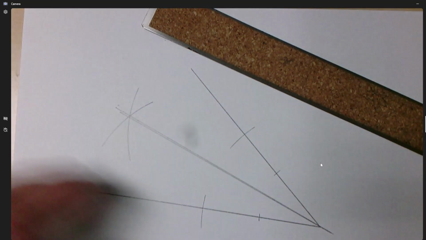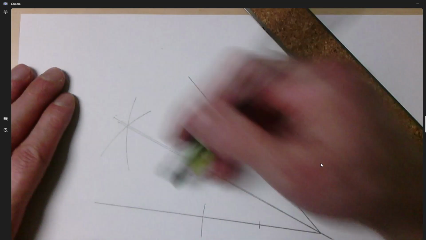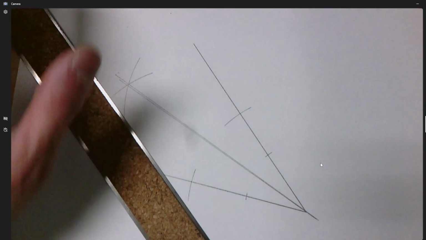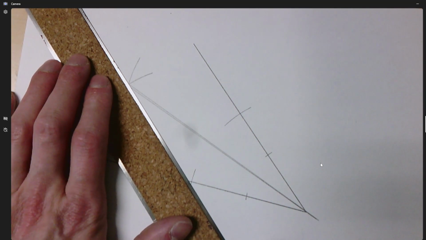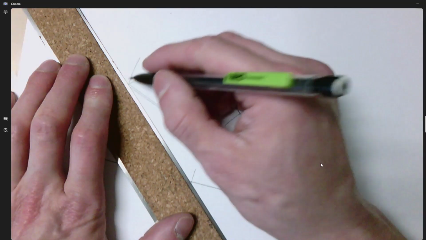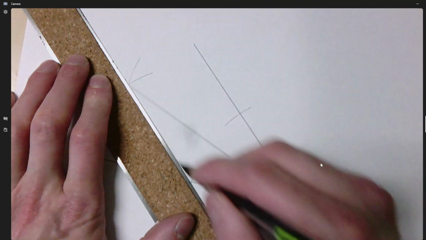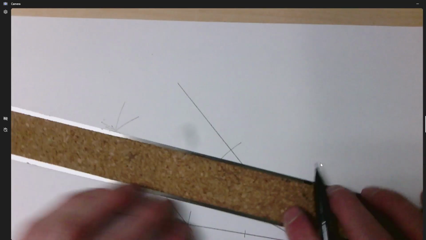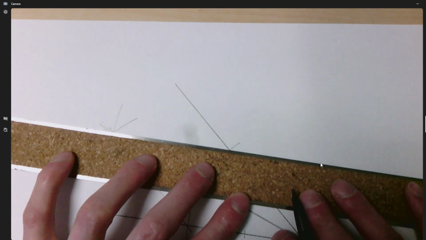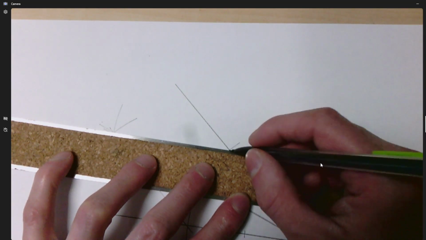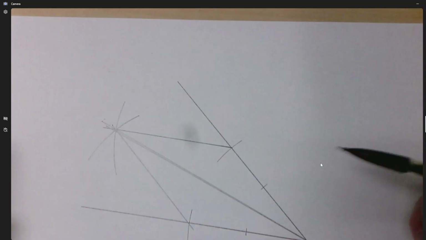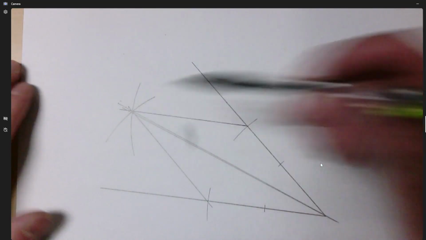So not the best, but anyways, if you put a line here to that point, and then here, brings me to a good point. It is important to kind of account for the thickness of your lead so you don't make that mistake.